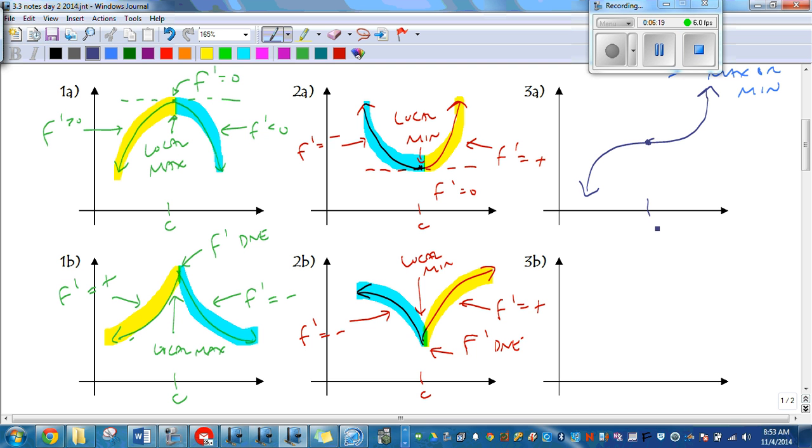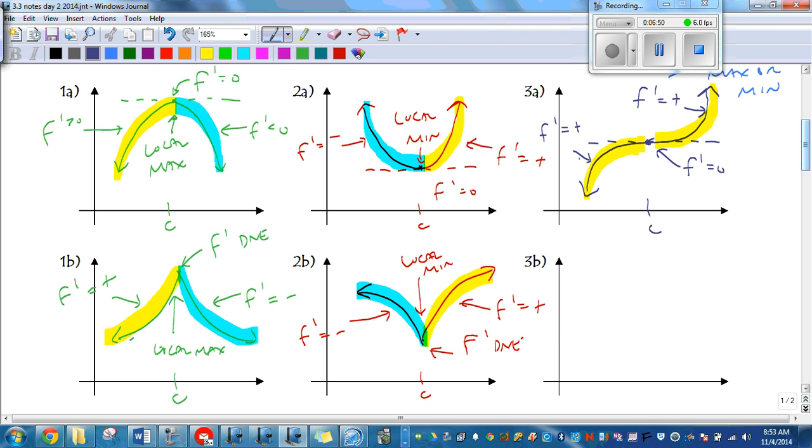So right here at C, our derivative is 0, but the rest of the time the derivative is always positive. We have a positive derivative everywhere else. So since the derivative is not changing from positive to negative or negative to positive, we're not going to have a local min or a local max.